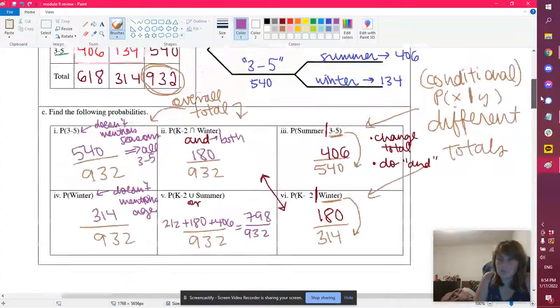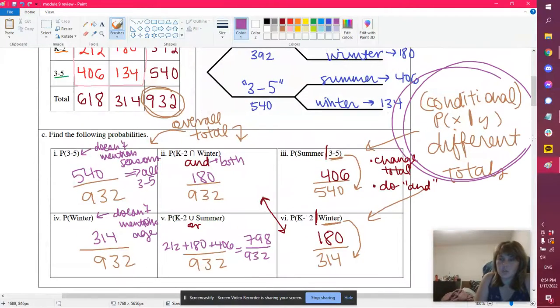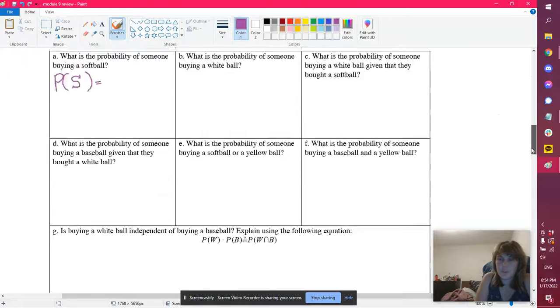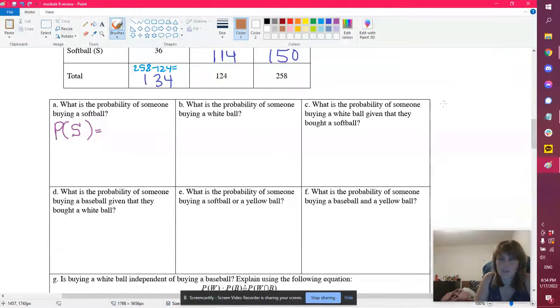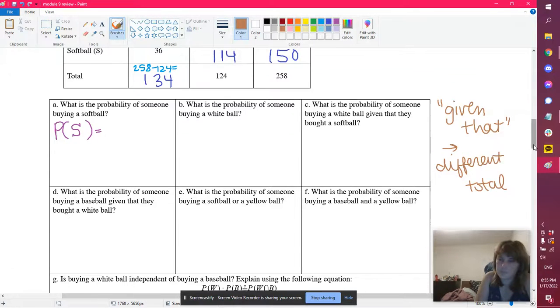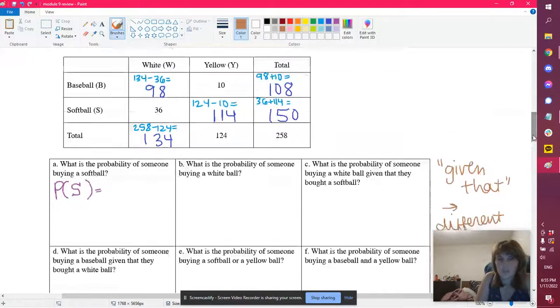up here, we said the conditional thing, so with the bar, gives you a different total. Over here, the phrase given that is going to mean a different total. So let's watch out for that. The probability of someone buying a softball should be over 258 because that's the overall total.